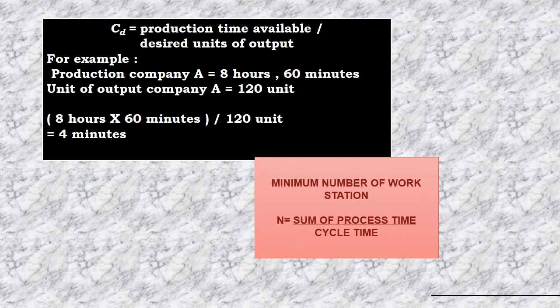For example, production company A has 8 hours and 60 minutes, and company A also has a unit of output of 120 units. So, according to the formula, production time available is 8 multiplied by 60 minutes, divided by 120 units. So we get 4 minutes for production company A.